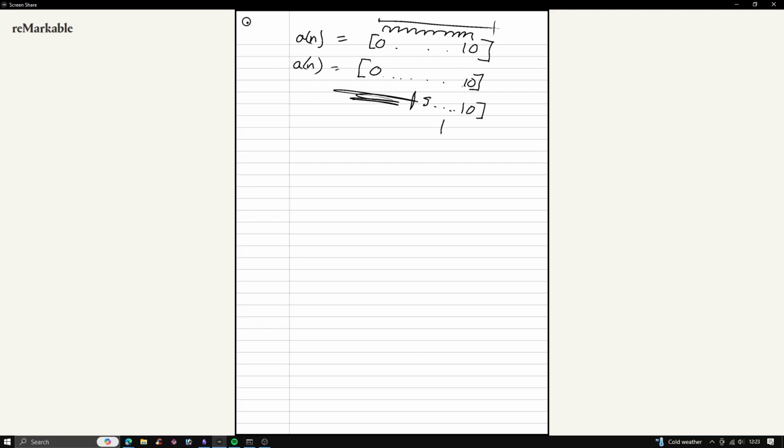And then operation 2, it cuts in half, and we go 8 to 10. And then operation 3, we go 9 to 10, because we're just splitting in half here. And then the final operation, we go 10. And we're either picking 10 or we're saying it's not in the list. So that's 1, 2, 3, 4, 5, 6. 6 is a lot. It's almost half, but it's still a lot.